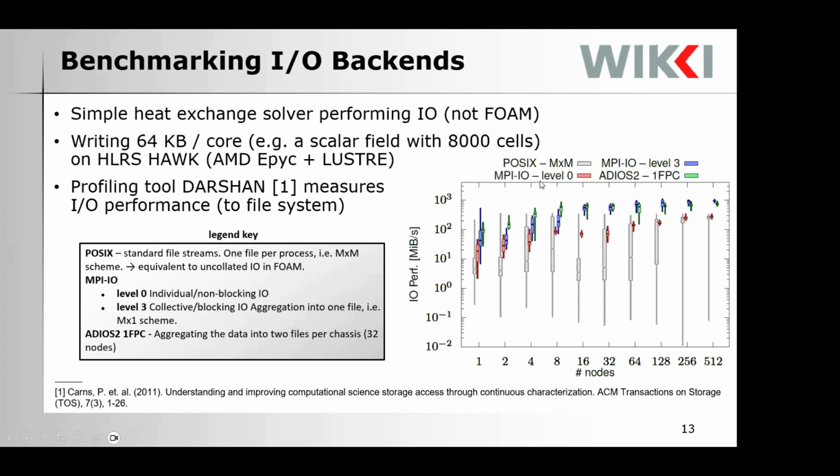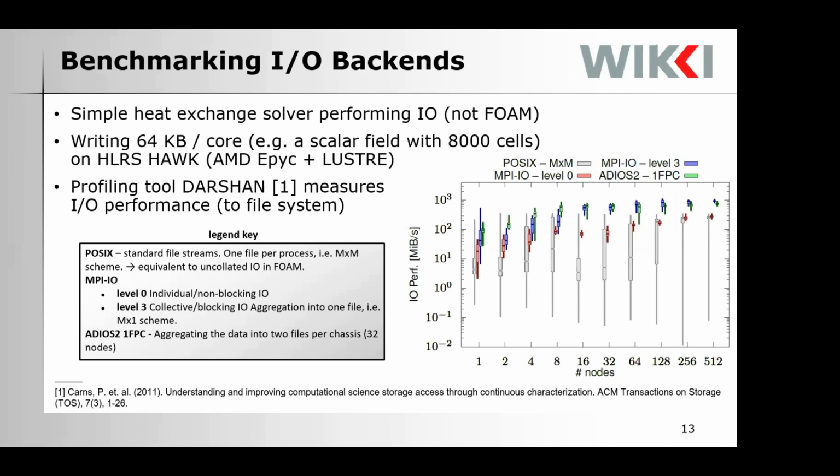Then there are different strategies for MPI-IO aggregation, and here we have ADIOS2, and one FPC means one file per chassis on an HPC. I don't remember exactly how many nodes this is, somewhat 32 nodes, my guess, and you have to multiply it by 128 cores.